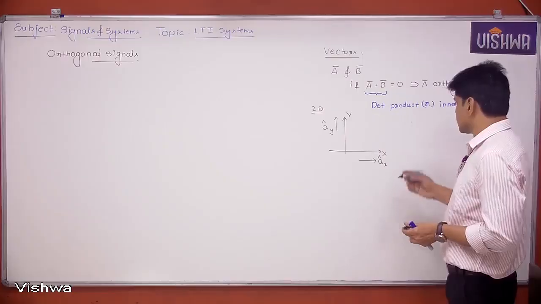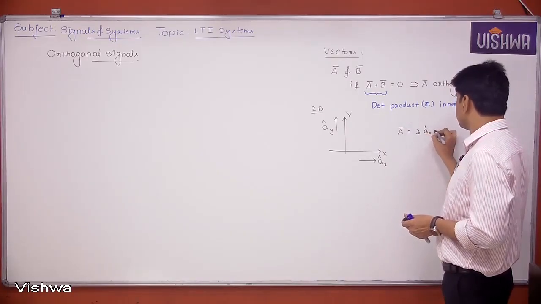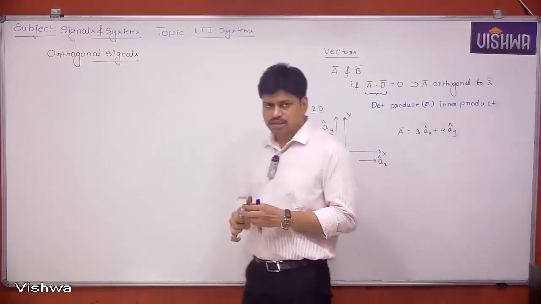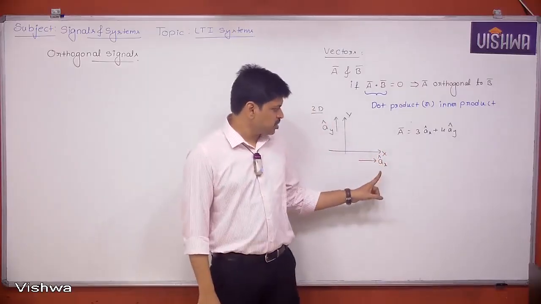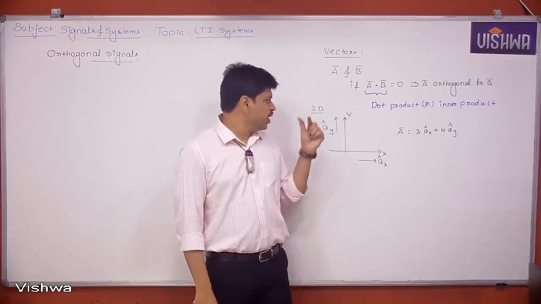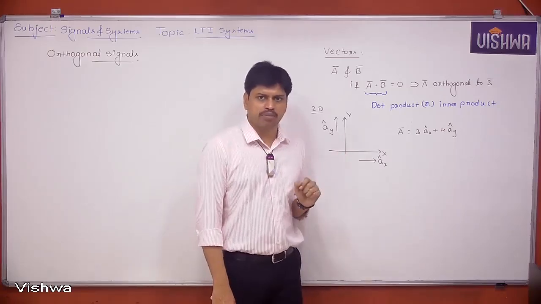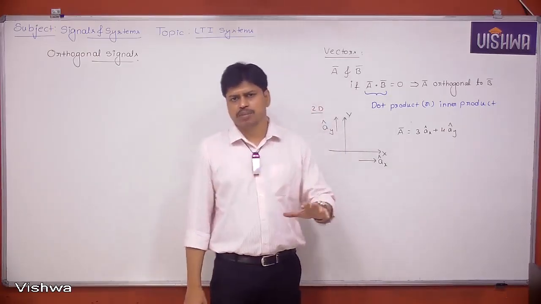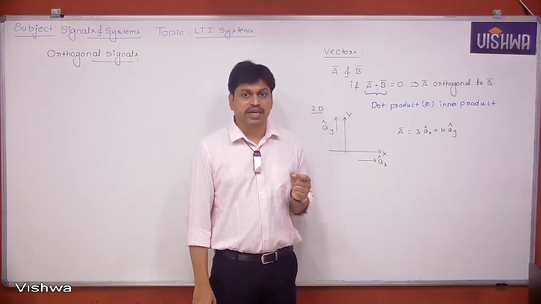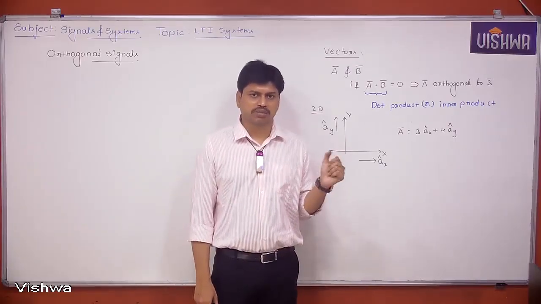Now suppose A bar is, let's say, 3ax cap plus 4ay cap. That means I have written a vector A bar in terms of ax cap and ay cap. Now, can I give the statement like this? In two dimensions, I can represent any vector in terms of ax cap and ay cap. Yes. Now, what is the condition that has to be satisfied so that I can write any vector in terms of two vectors, which are ax cap and ay cap?